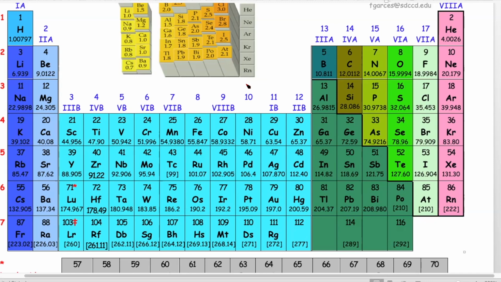It doesn't act like a magnet. When you have a magnet, you have a North Pole and a South Pole. That's called polar. When a molecule is polar, one side of the chemical has more electron density than the other. It acts like a magnet because one side's partially negative and the other side's partially positive.